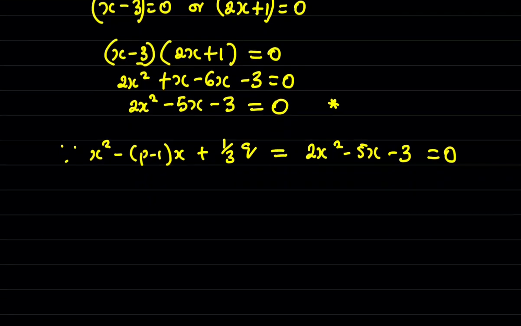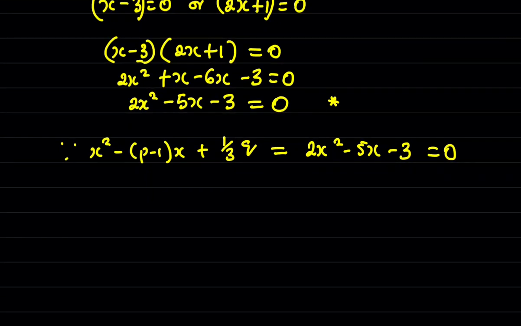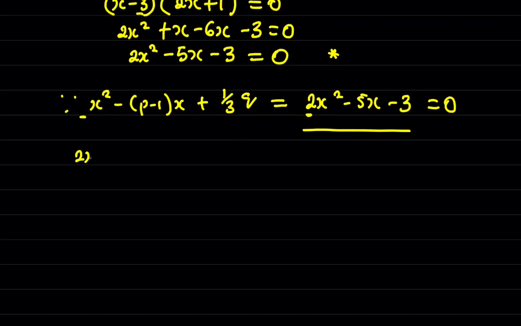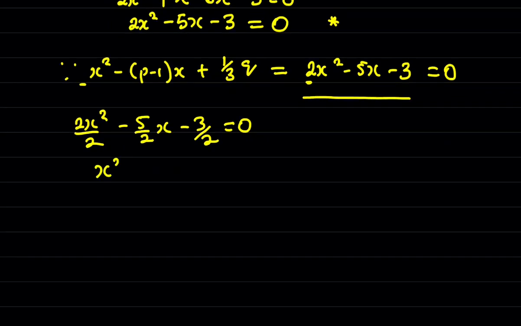Now, they are the same, but they do not really look alike, where the coefficient of x squared here is 1, and here it is 2. So I want to make them look the same. For this, I'm going to divide everything by 2, so it becomes x squared minus 5 over 2 x minus 3 over 2 equals 0.